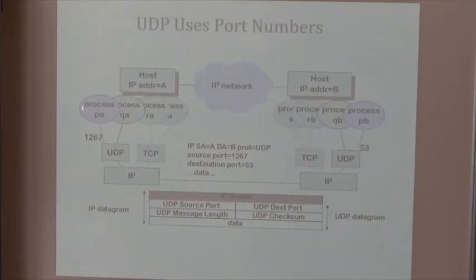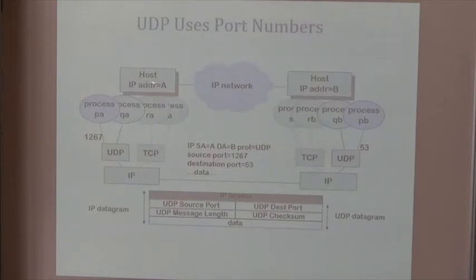For example, you may have your client resolver that's talking to a DNS server that is here, but the DNS server may have other things. For example, you can SSH into the DNS server, or you can look with HTTPS what is the status of the DNS server. So the DNS server will have a number of other processes that are used for maintenance, for updates, etc. In order to recognize which sub-entity inside the machine we're talking to, we use port numbers.